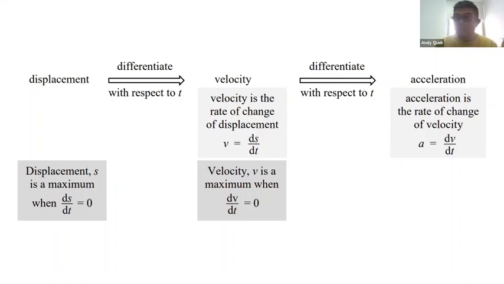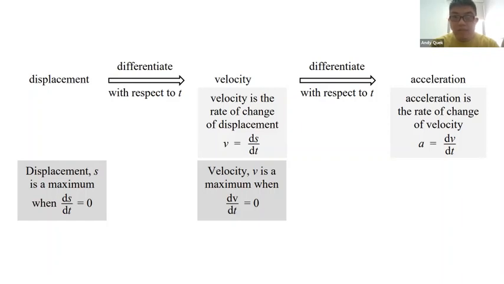All right, so velocity is described as the rate of change of displacement. And if you have a velocity time graph, the gradient tells us the acceleration. So acceleration is dv/dt. Okay. So this is the part that has to do with differentiation.